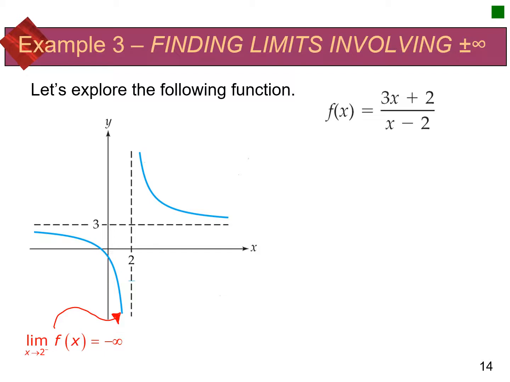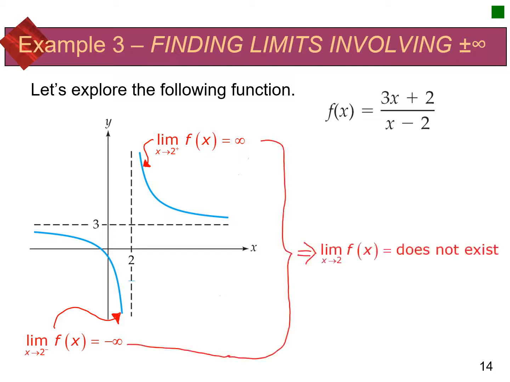As I approach 2 from the right-hand side, I can see that f of x is approaching an infinitely big number and positive, so it's approaching infinity. Now, in this circumstance here, because the left-hand limit and the right-hand limit don't agree, and anytime that left-hand and right-hand limits don't agree, that means that the limit does not exist.